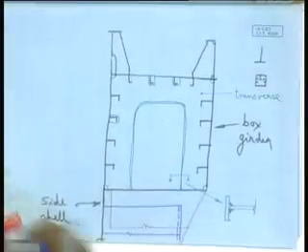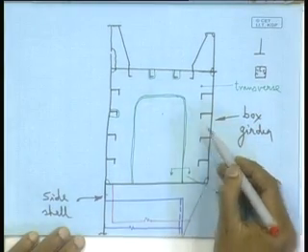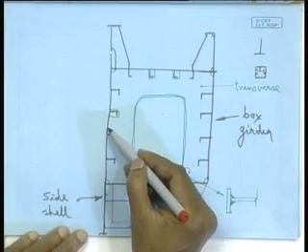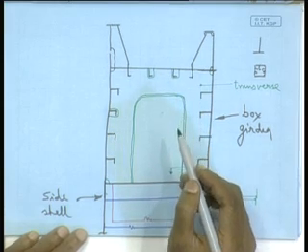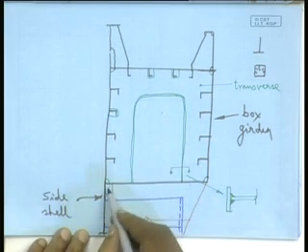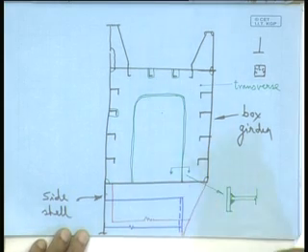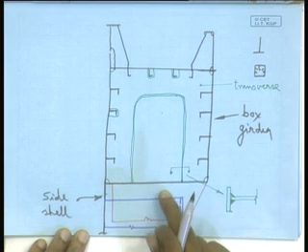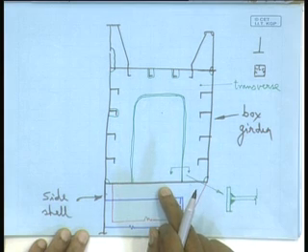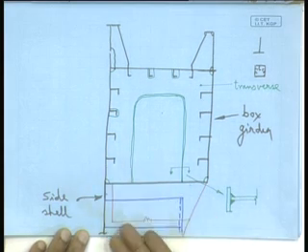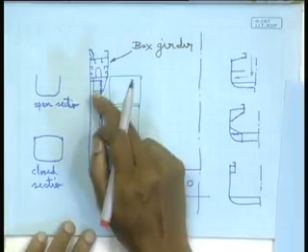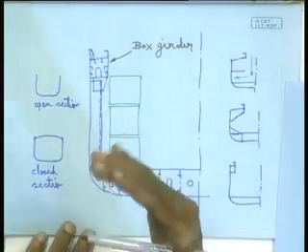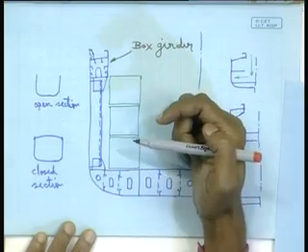Rightly pointed out, the deck plate as well as the side shell plate are stiffened by longitudinal stiffeners, whereas this bottom plate is not stiffened as such. We are not seeing any stiffener here. What is happening is that it is getting stiffened from below by this bracket, because a huge bracket is welded at every frame position.